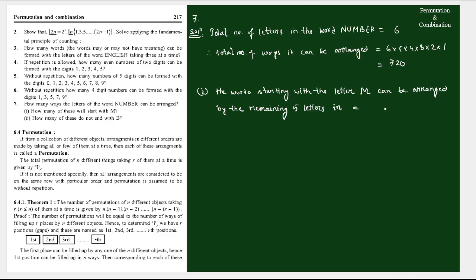So therefore the total number of words formed is equal to, what will it be? 5 4 3 2 1. So this is your 120. Okay, 120 words.